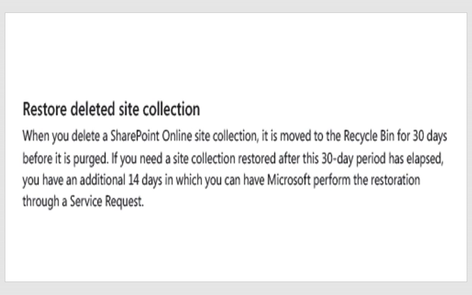Now, restore deleted site collection. When you delete a SharePoint Online site collection, it is moved to the recycle bin for 30 days before it is purged. If you need a site collection restored after this 30-day period has elapsed, then you have an additional 14 days in which you can have Microsoft perform the restoration through a service request.